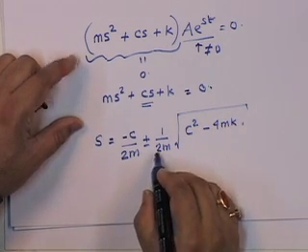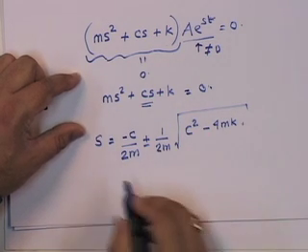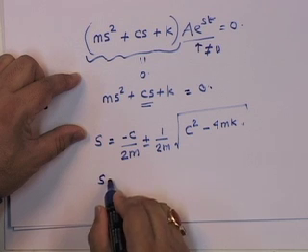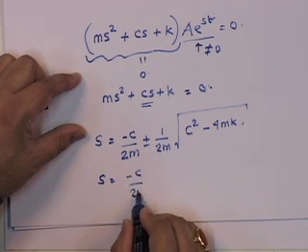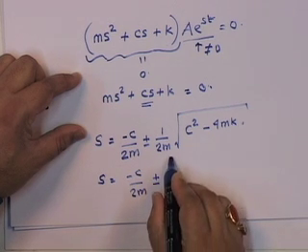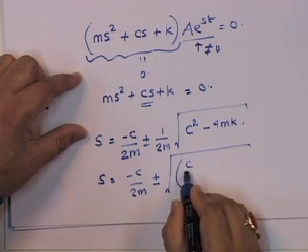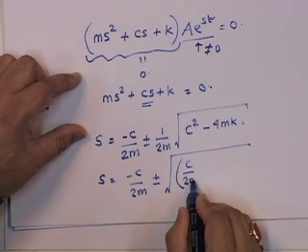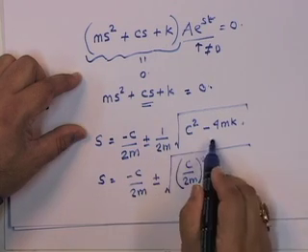Now, what I am going to do is, I am going to actually put this inside. So, if I put this inside, what I get is minus c upon 2m plus minus square root of c upon 2m squared, because 2m, when you put it inside, you get 4m squared.